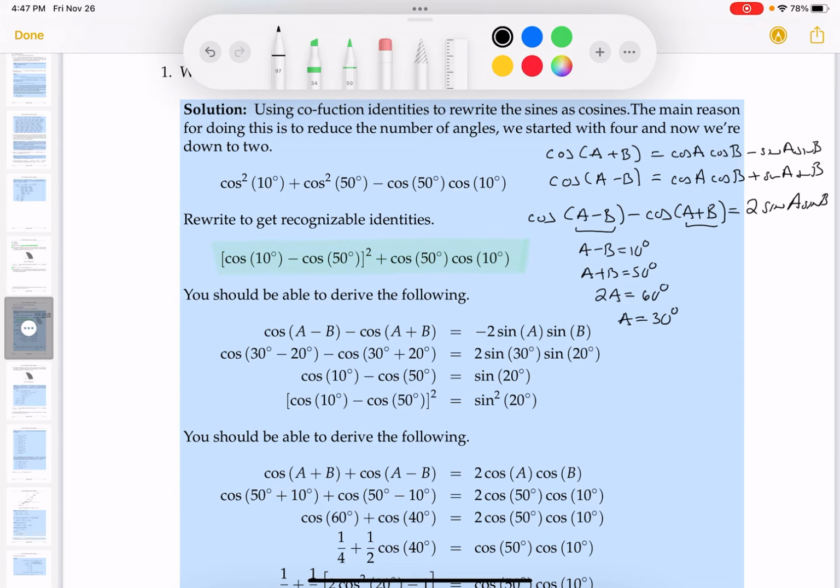What would the B be, though? The B would be, well, if the A is 30, the B would have to be 20 degrees. All right? So I'm going to say the cosine of A minus B, which is 10 degrees, minus the cosine of A plus B, which would be 50 degrees, would be the same as 2, well, sine of A would be 30 degrees, right?